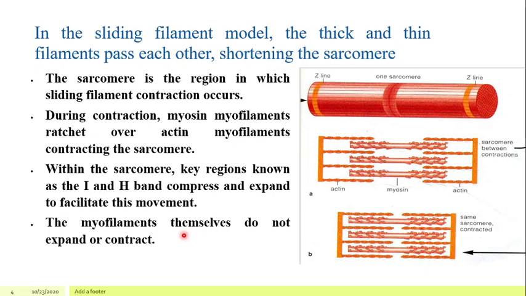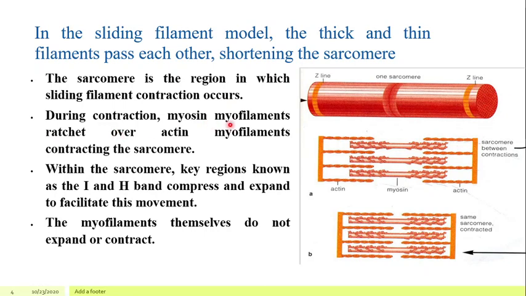In the sliding filament model, the thick and thin filaments pass each other, shortening the sarcomere. See in diagram A here and in diagram B here. The actin filaments come close to each other, and the middle portion of the myosin filament shrinks, and the portion between the actin filaments gets reduced. So the sarcomere is the region in which sliding filament contraction occurs.